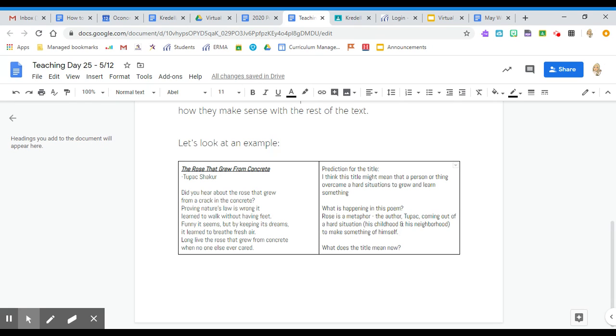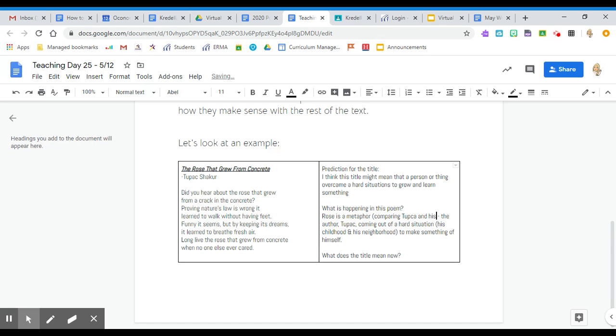So I think he used the rose as a metaphor. The metaphor is really comparing him and his success. Right, so the author Tupac is coming out of a hard situation, his childhood and his neighborhood, to make something of himself. Right, he became a really famous rapper, and so I think that's what he's talking about.